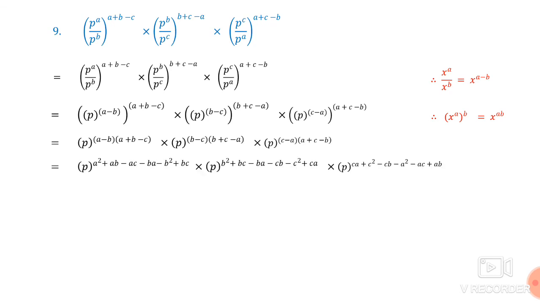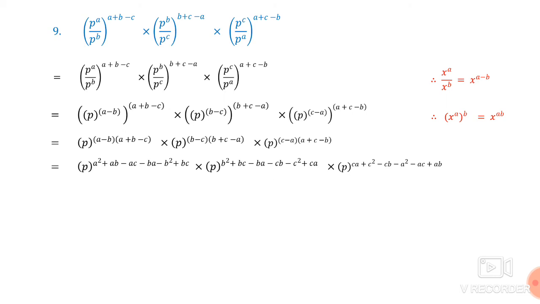When multiplying a with this bracket, we will have a square plus ab minus ac. Then multiply this minus b with the second bracket, we will have minus ba minus b square plus bc. Same thing happens here and same thing happens here.